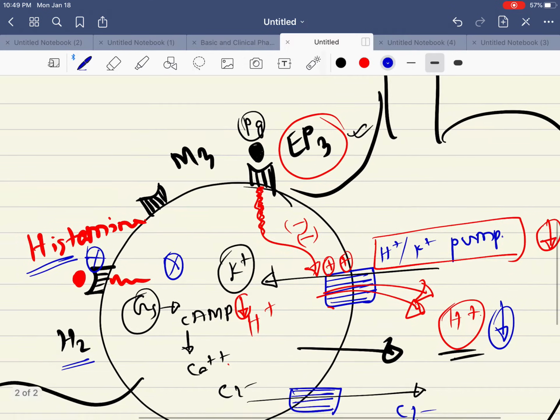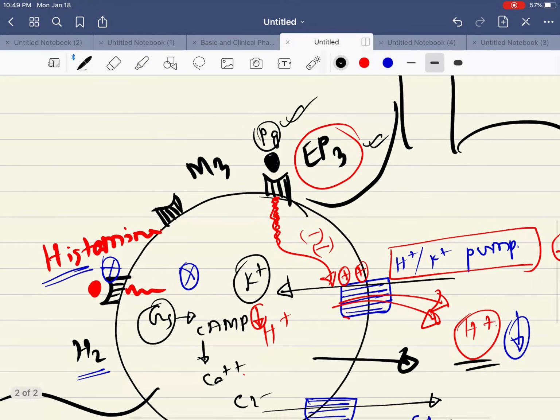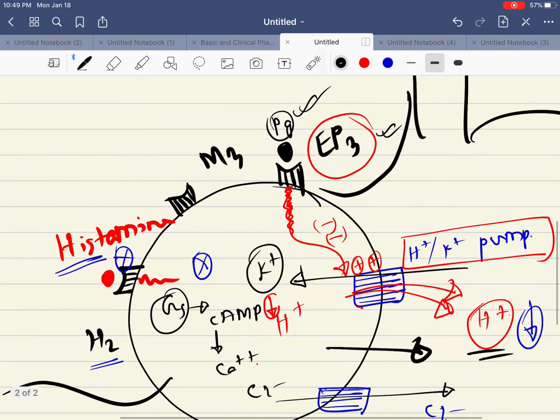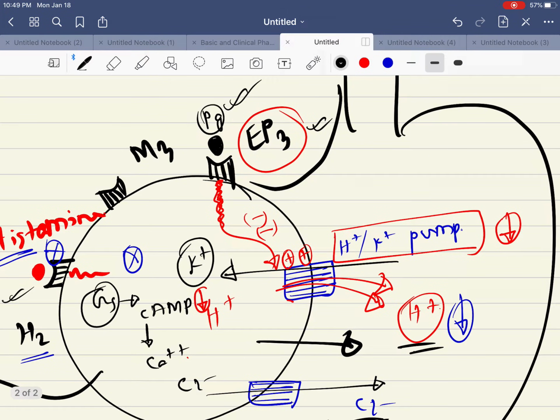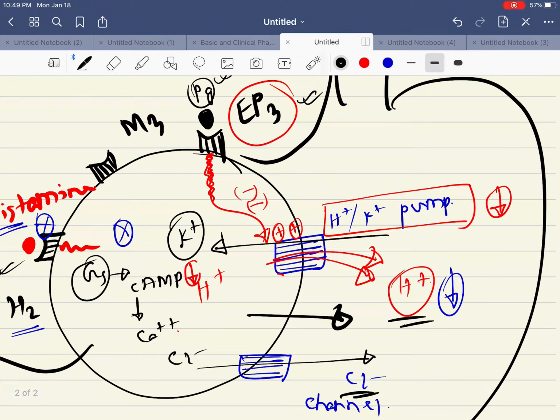So we can use a prostaglandin analog such as misoprostol, or we can use antihistamine to block the H2 receptors. At present, we often use the proton pump inhibitors. Directly we want to close the proton pump, by just blocking this transporter.